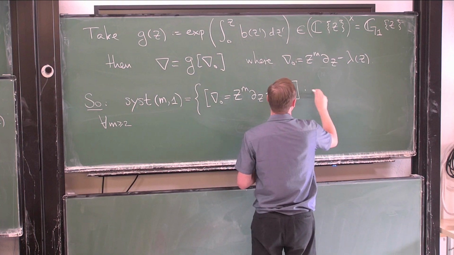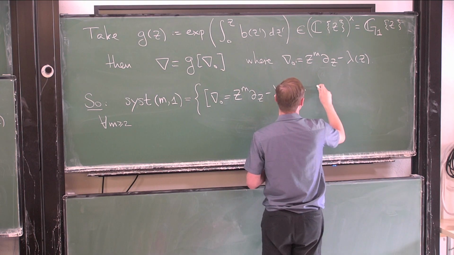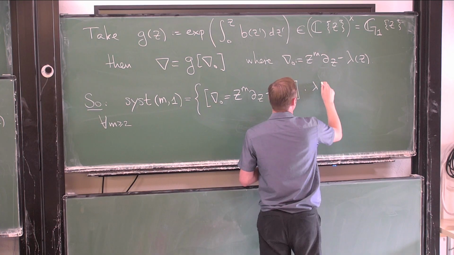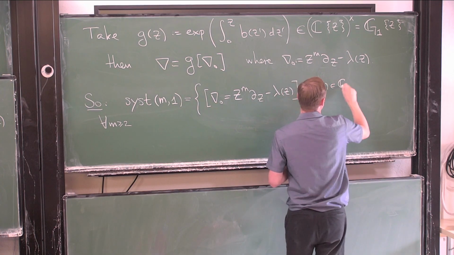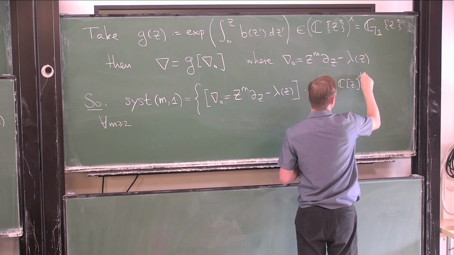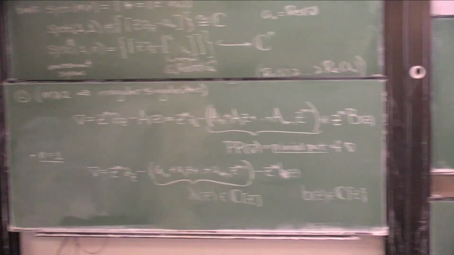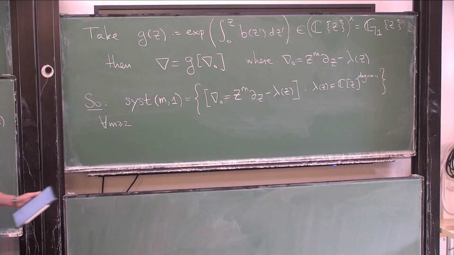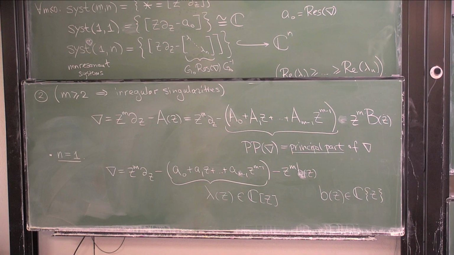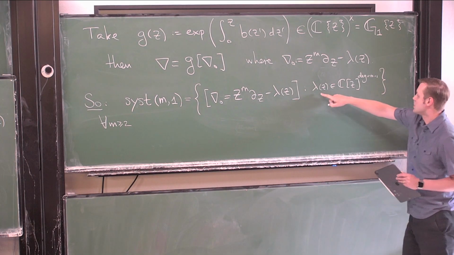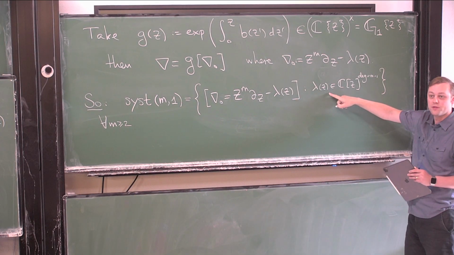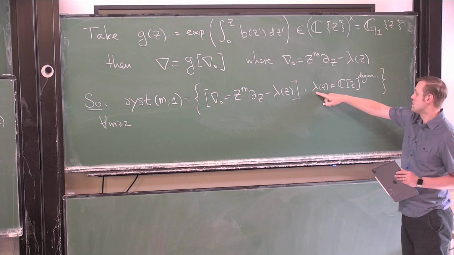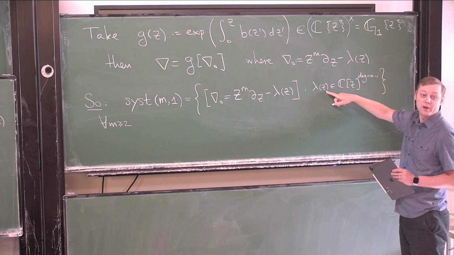So we can say lambda of z is a polynomial of degree m minus 1. That's the complete description of this moduli space. To give any one of these, all you need to do is give me a polynomial of degree m minus 1, and that just means I need to give you m complex numbers.